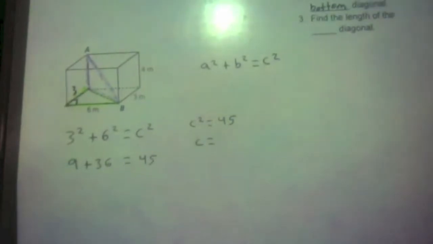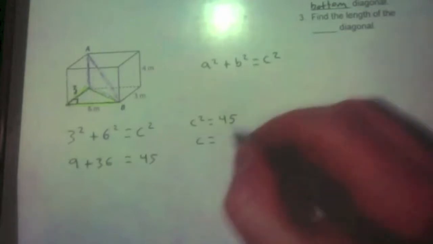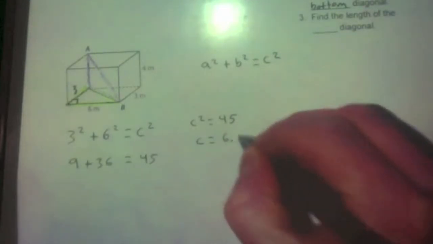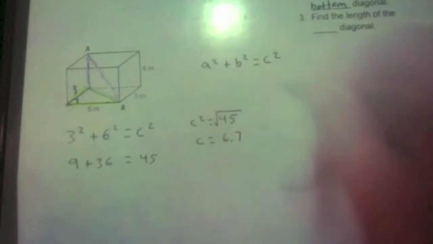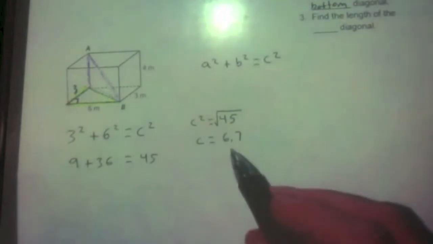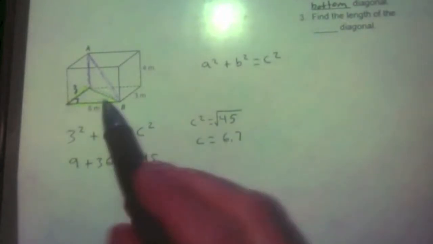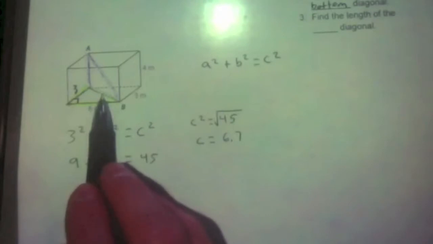If we take the square root of 45, it's going to give us a very long number, an irrational number. So we're going to round that and call it 6.7. The closest number we'd get to the square root of 45 is 6.7. So 6.7 is the length of this diagonal right here.